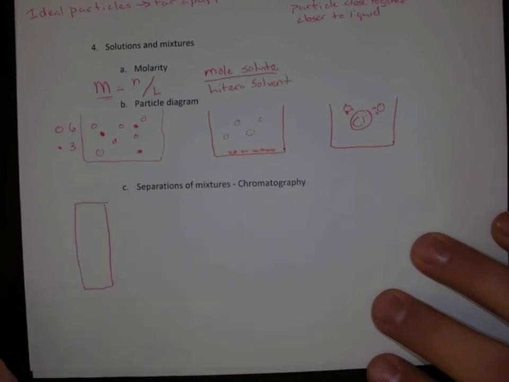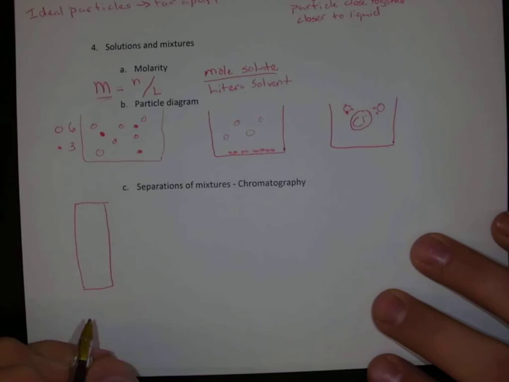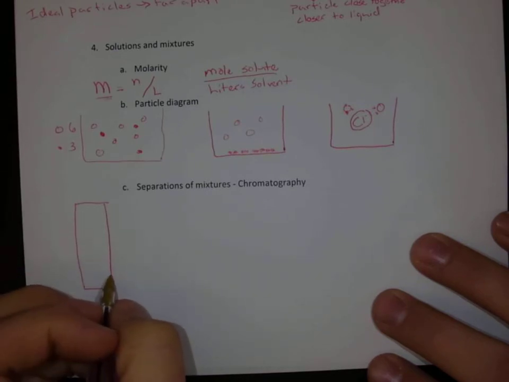That solid phase is going to have either paper or silica. It's going to be really super polar. So if it's a really super polar substance, polar compounds are going to stick to that polar paper, or silica.